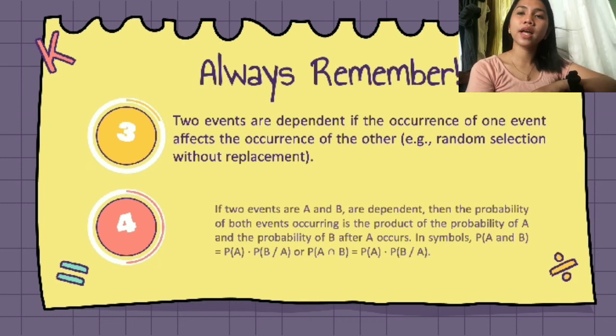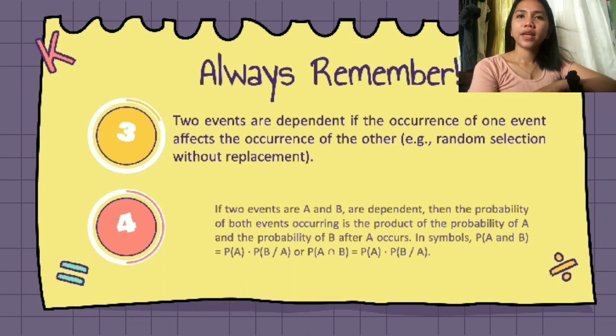In symbols, P(A and B) is equal to P(A) times P(B given A), or P(A ∩ B) is equal to P(A) times P(B given A).